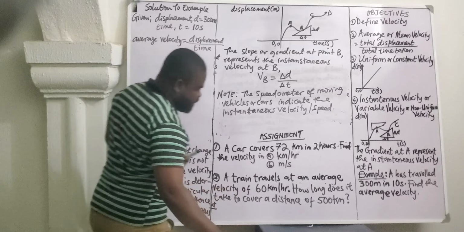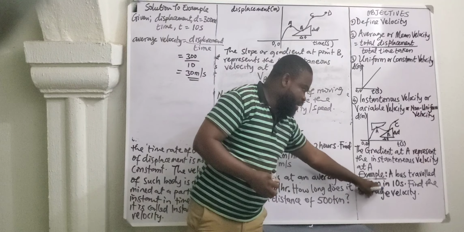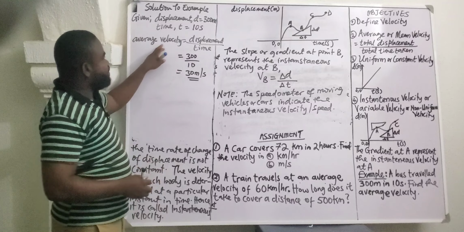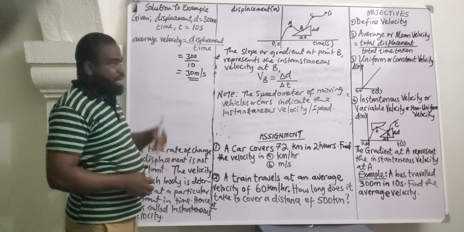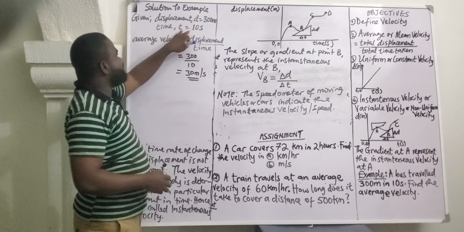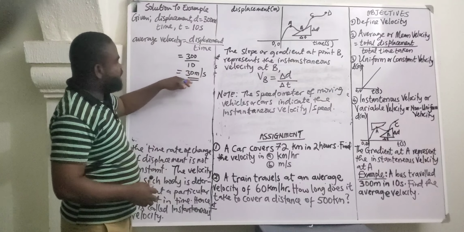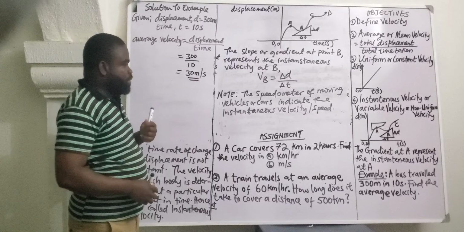So observe that this question gave us the displacement in meter and the time in second. So I now found the average speed or speed in meter per second directly. I didn't have to convert. Since the displacement is in meter, the time is in second, I just solved directly and obtained my velocity in meter per second.